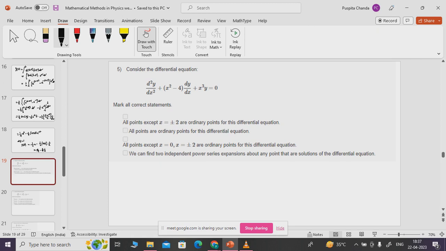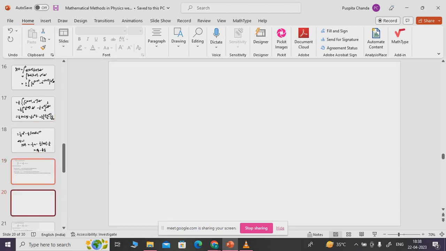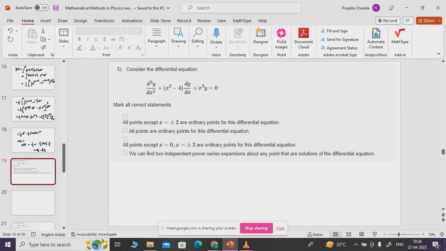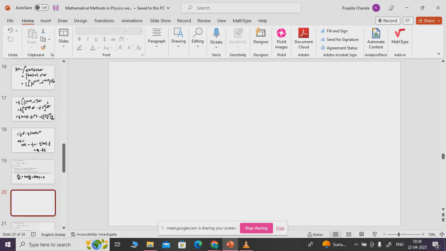Okay, let us write the equation in the normalized version. There are two types of point, ordinary point and singular point.